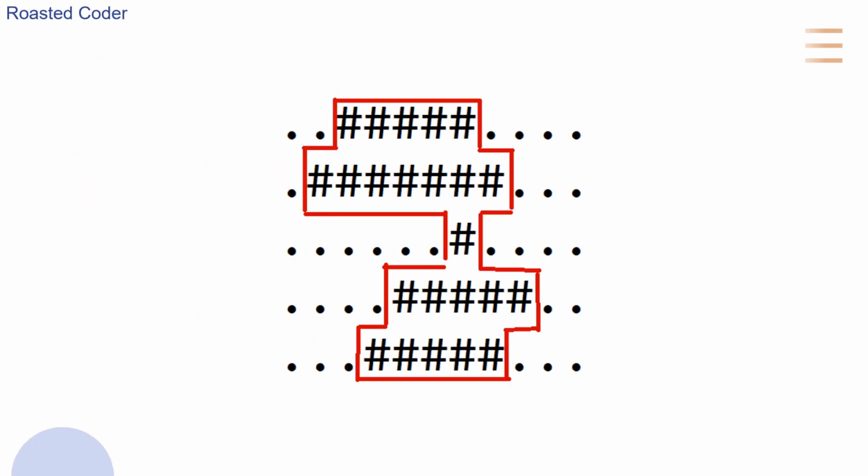In this shape this border is of length 5, this border is of length 1, and this one contains 5 black cells, which are continuous, and this contains only 1 black cell, and again this one contains 5 black cells, and so on. So we have to determine the maximum length of borders of this shape.